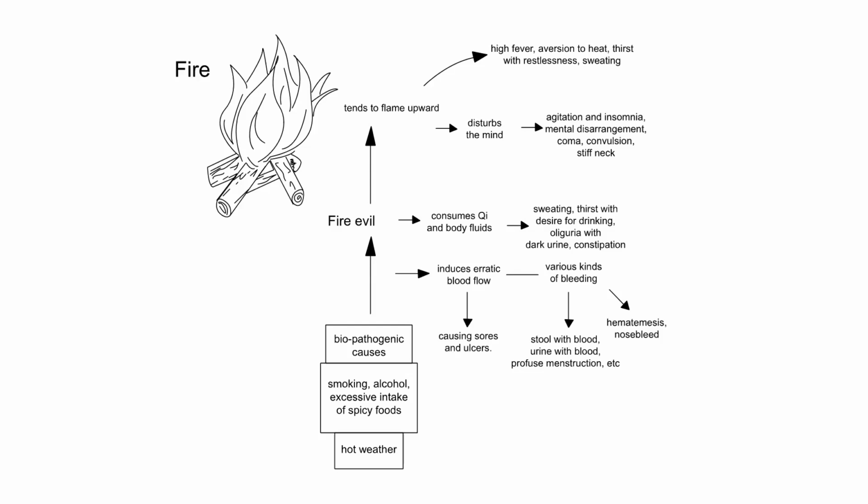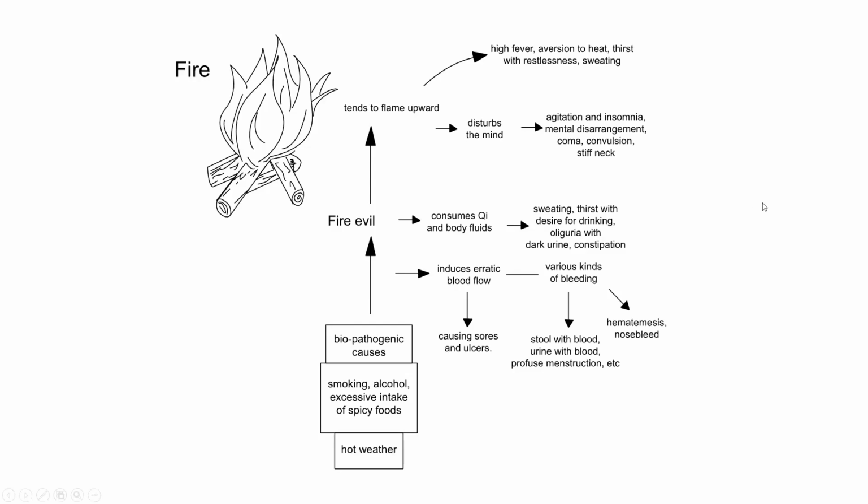resulting in fire evil. This tends to flame upward, so the patient would have a high fever, aversion to heat, thirst with restlessness, sweating. It could also disturb the mind, resulting in agitation and insomnia, mental disarrangement, coma, convulsions, stiff neck.